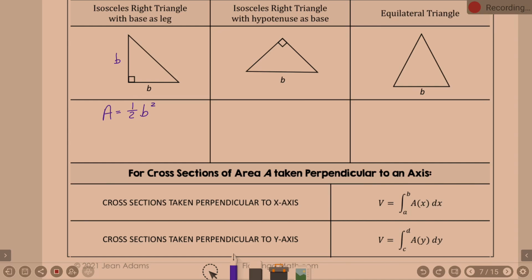Now, change that up. What if they say isosceles right triangle with the hypotenuse as the base? Then it's b squared over 4. How'd you get b squared over 4?